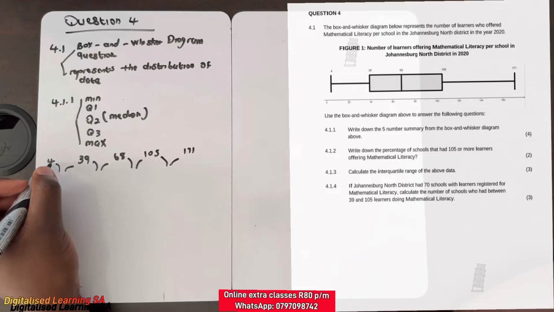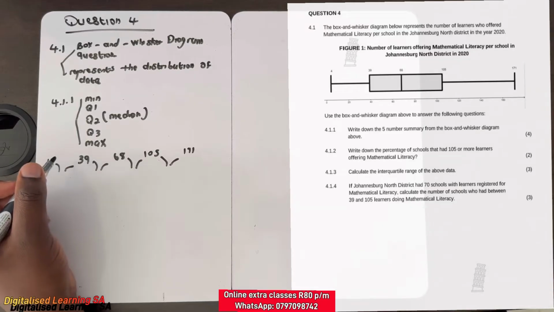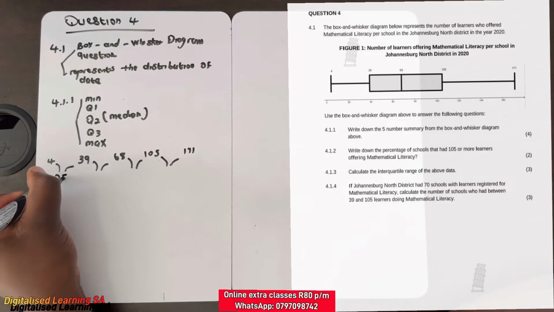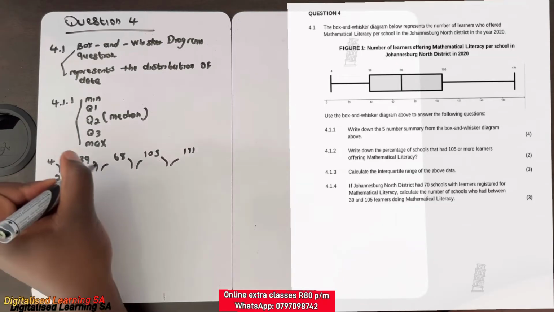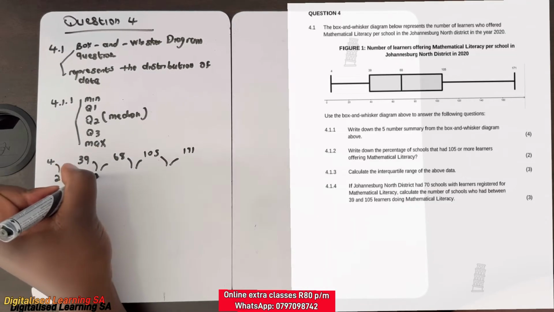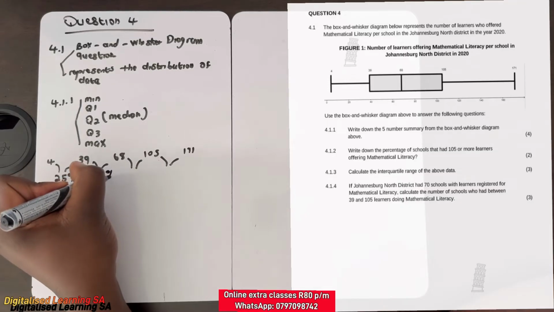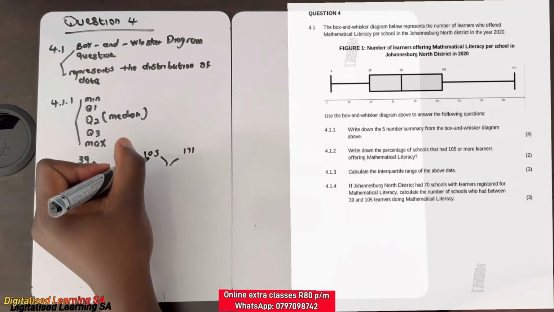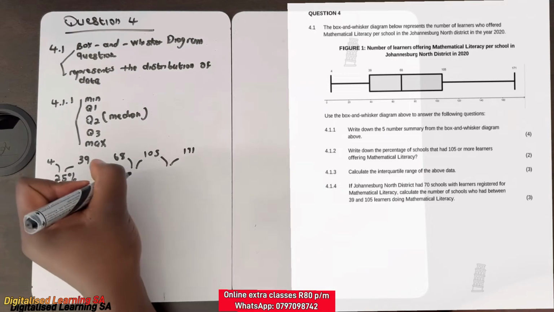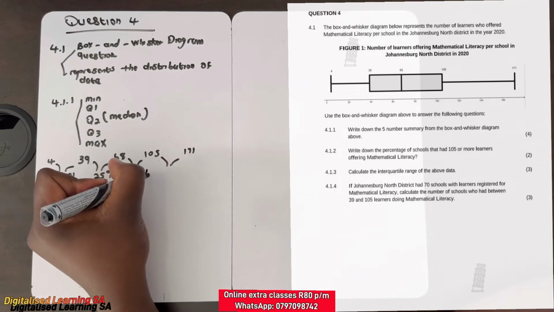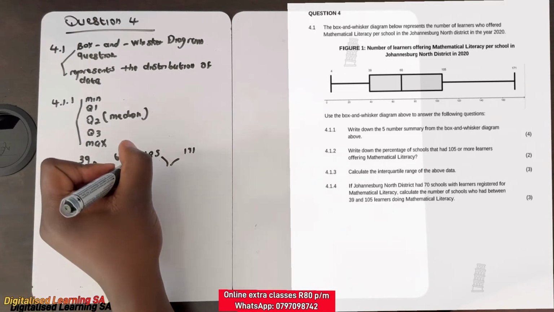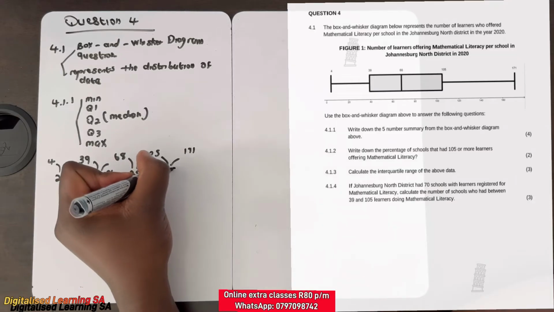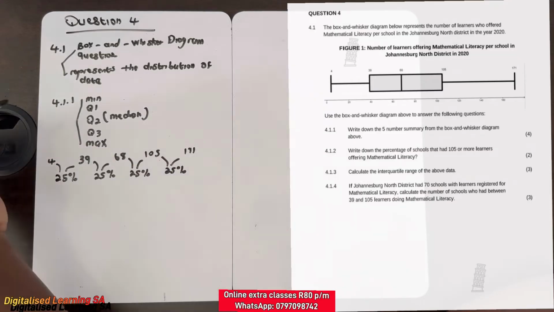So from 4 to 39 represents 25% of the data, and then from 39 to 68, 25% of the data. From 68 to 105 also represents 25% of the data, and from 105 to 171 also represents 25% of the data.